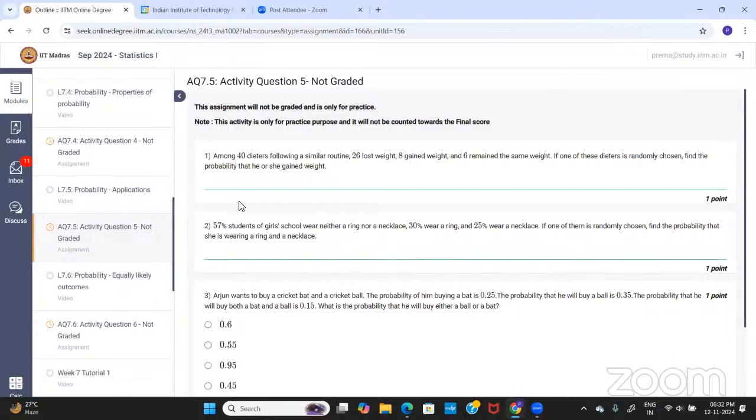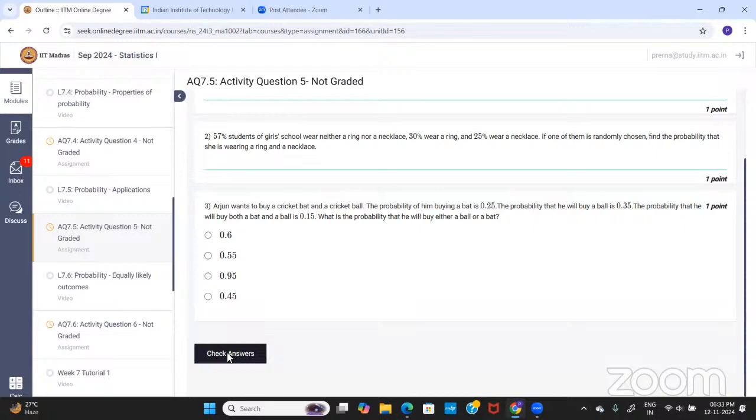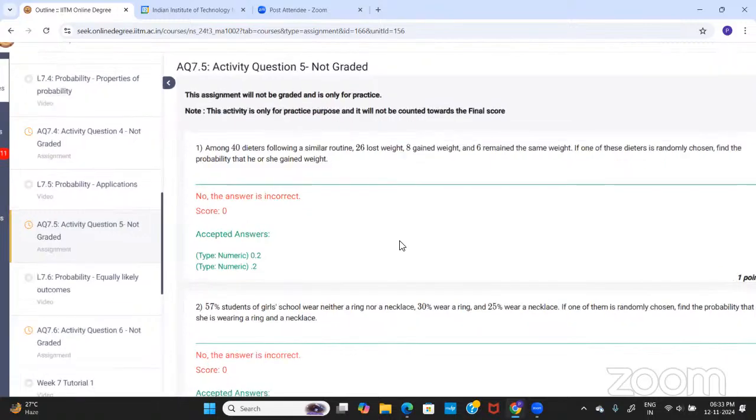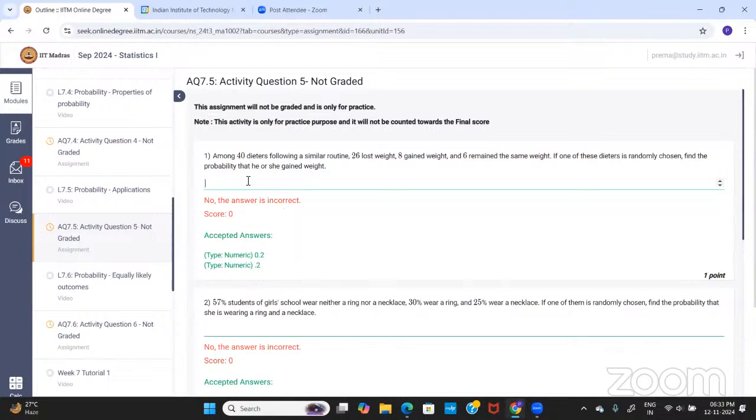Question number 1. There are 40 dieters following a similar routine: 26 lose weight, 8 gain weight, and 6 remain the same weight.